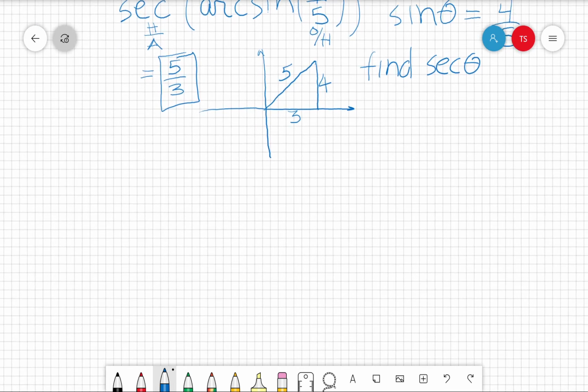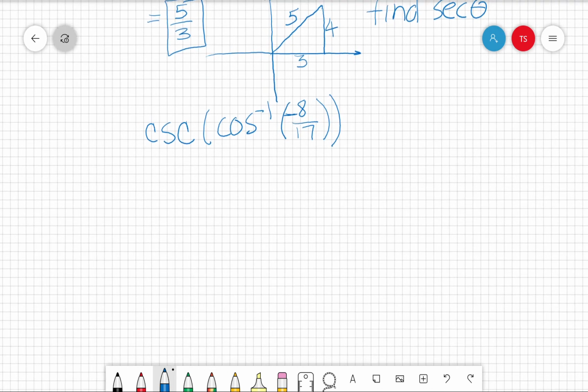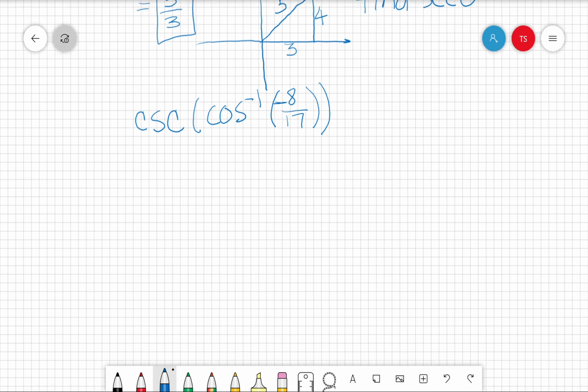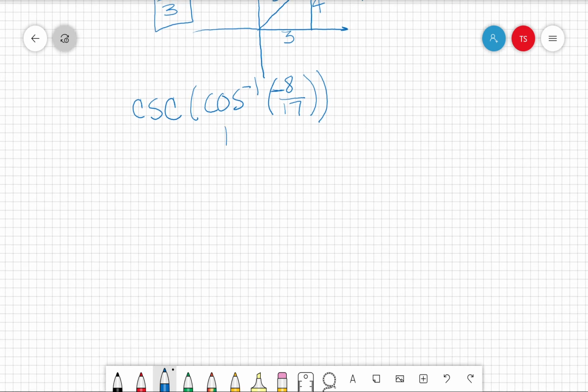If we're given a negative number, let's say we want to find the cosecant of the angle whose cosine is 8 over 17. Let's make it negative 8 over 17. So the fact that my arccosine is negative means I'm going to draw my triangle in quadrant 2.